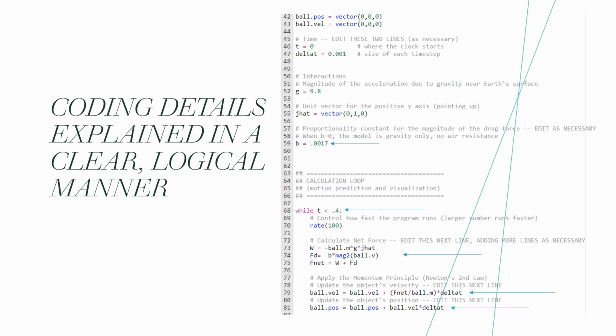The drag force is equal to b times the magnitude of the velocity squared, because we cannot square a vector, but the magnitude is scalar, so that works. The net force is just W plus drag force. And then, of course, we have the velocity change formula and the position change formula.